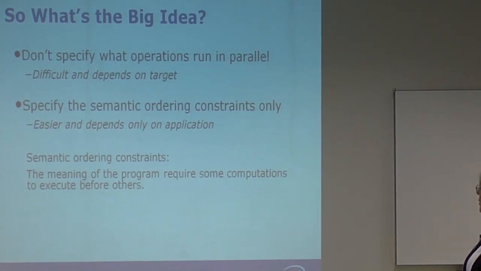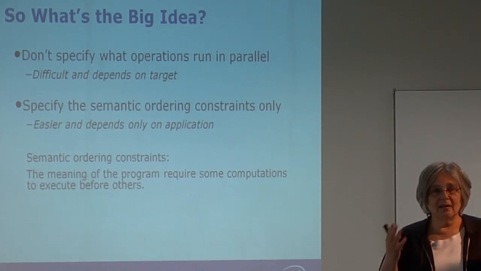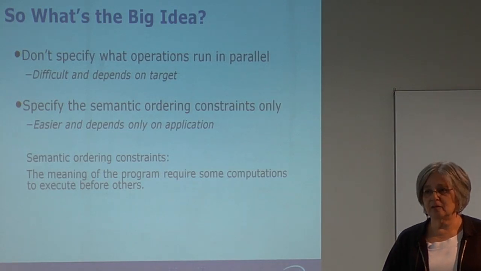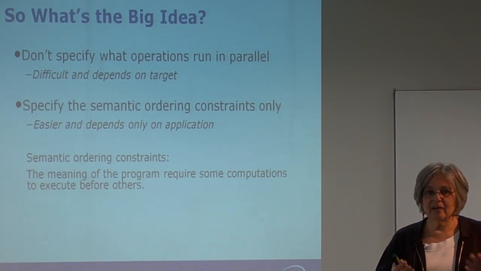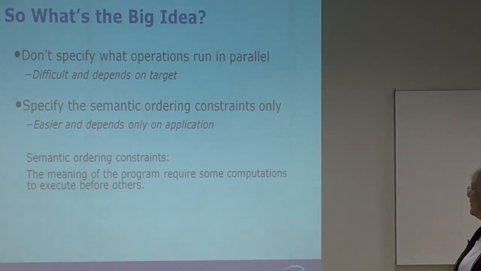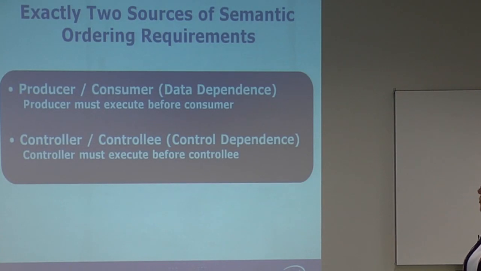So the semantic constraints, well, that's what I said. It's the meaning of the program. They require some computation. The program itself requires some computations to occur before other ones. Not the program, actually, the application, has some inherent ordering. So what are the two sources of these constraints? Well, there's the producer-consumer relationship.